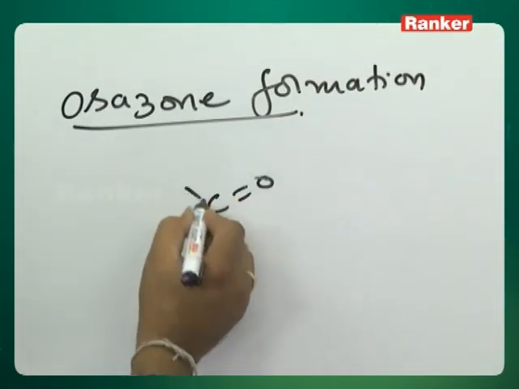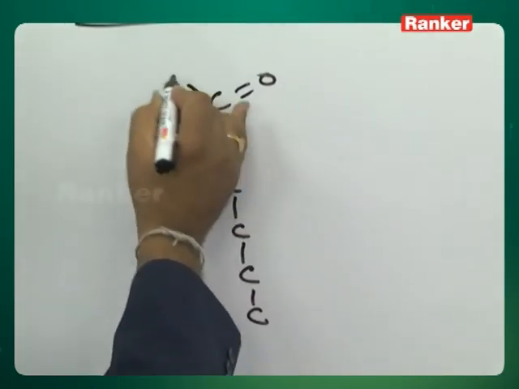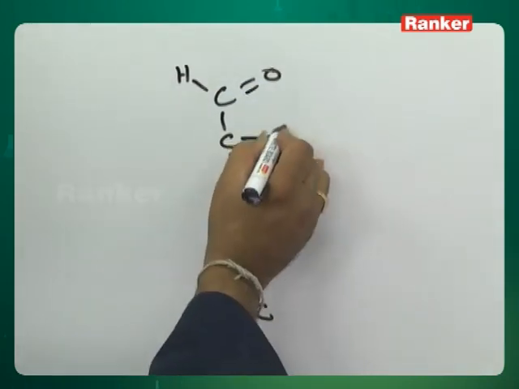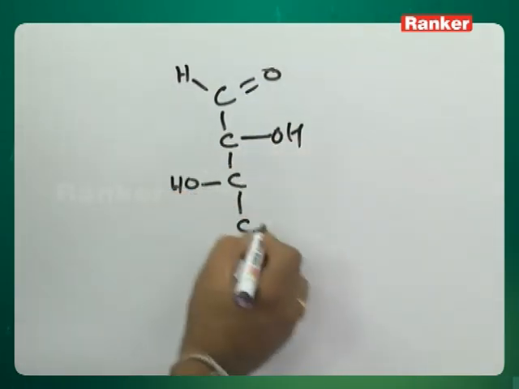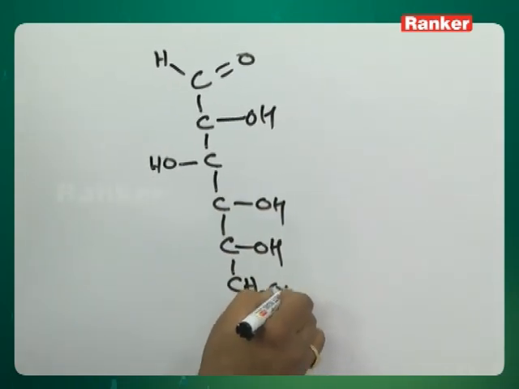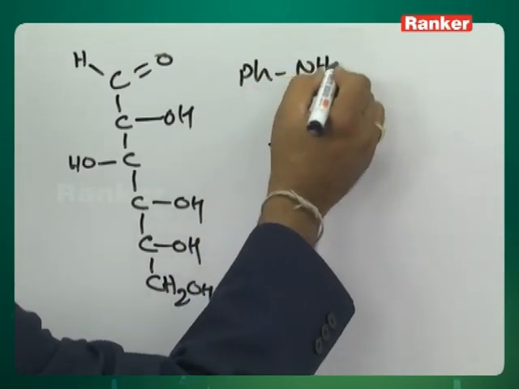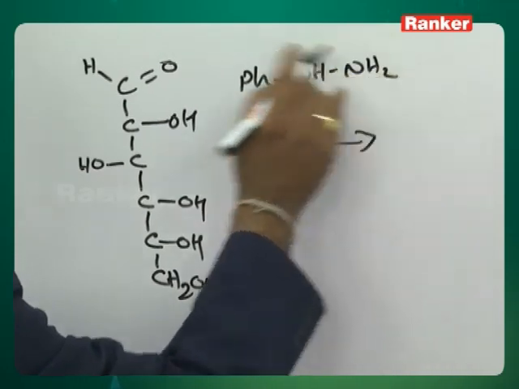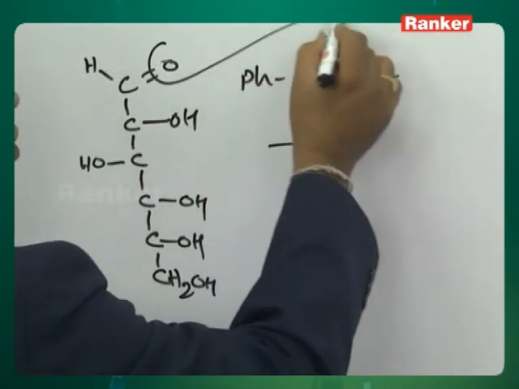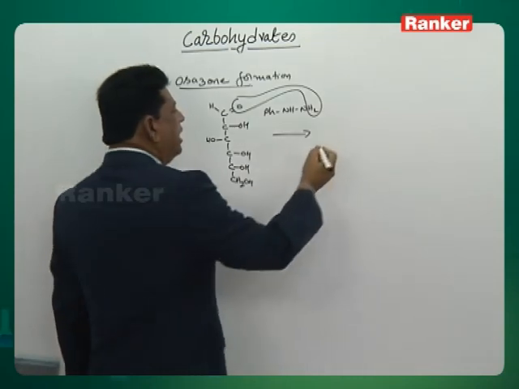If we start with glucose, glucose has 6 carbons and the first carbon is aldehyde, the second one has OH on the right side, third on the left side, fourth on the right side, fifth on the left side, and the last one is CH2OH. When this compound is treated with phenylhydrazine, NH2 is called hydrazine, a phenyl is there, therefore phenylhydrazine. The carbonyl group undergoes a condensation reaction with the hydrazine and gives the corresponding hydrazone.